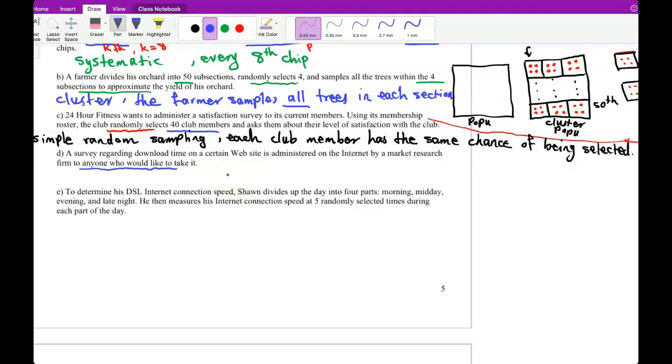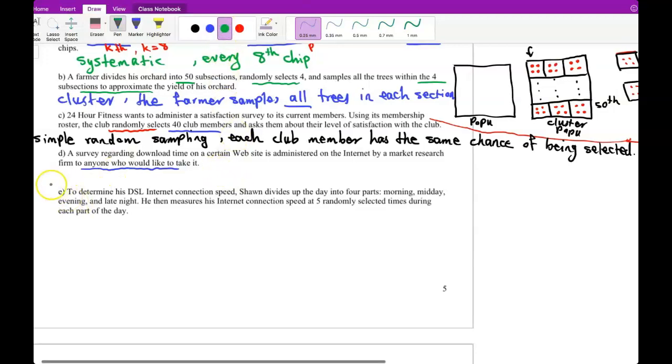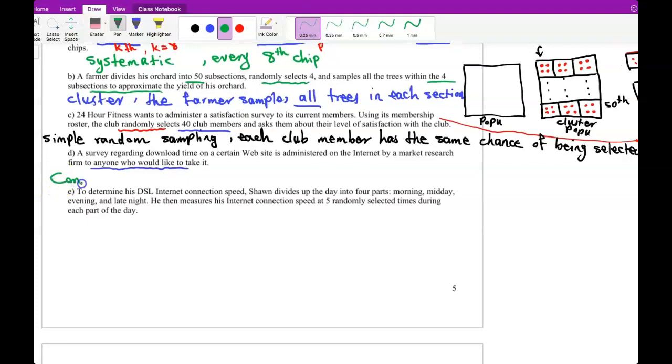So this is using voluntary response, and that is convenience. So this is convenience, and it's using voluntary response.